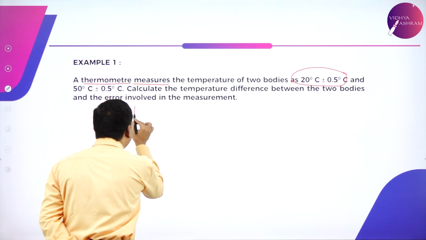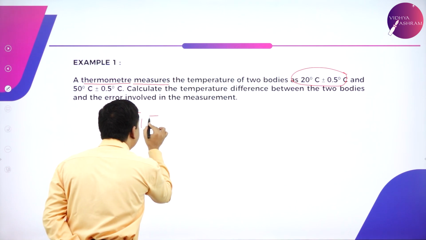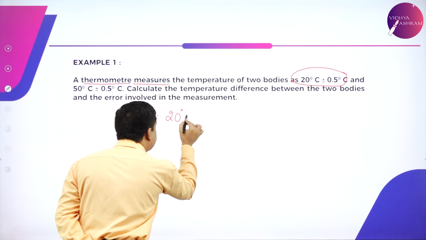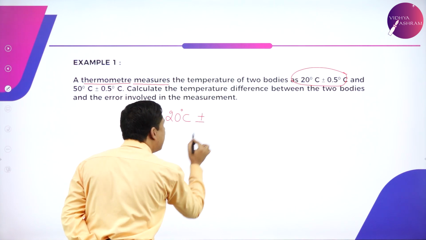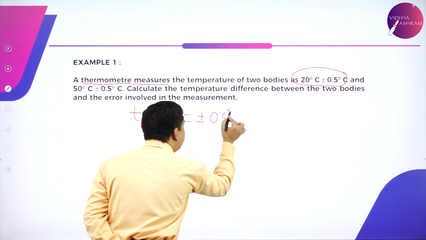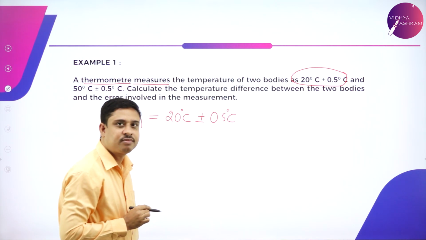So, the first temperature measured T1 is 20 degrees Celsius plus or minus 0.5 degrees Celsius.